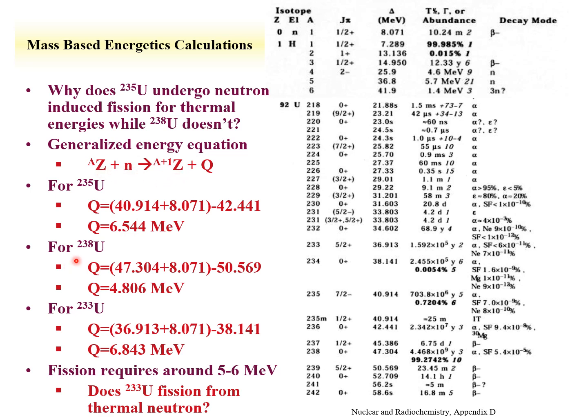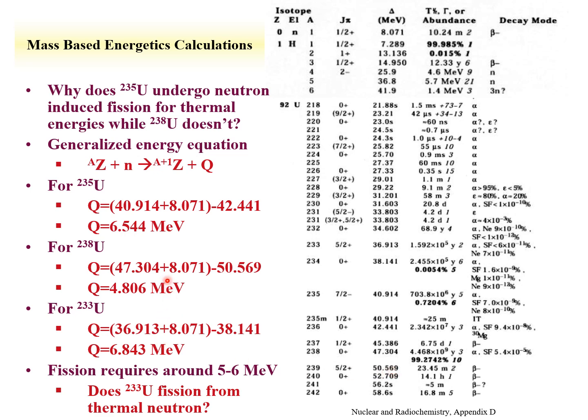We can determine the mass excess values here. Here's the neutron. Here's uranium-235, uranium-236, uranium-238, and uranium-239. We get that the Q value for the uranium-238 reaction is about 4.8 MeV, and the Q value for uranium-235 is about 6.5 MeV.